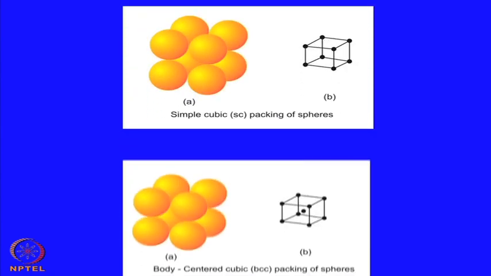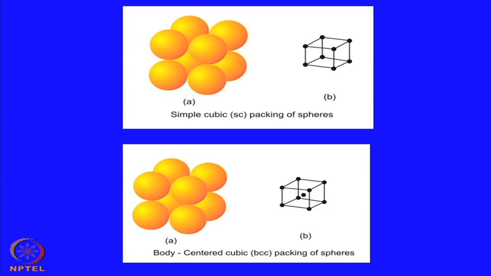These are a few other arrangements which may not be completely close packed. The atoms may be touching in one particular direction or more than one particular direction, but they may not be touching in all the directions.